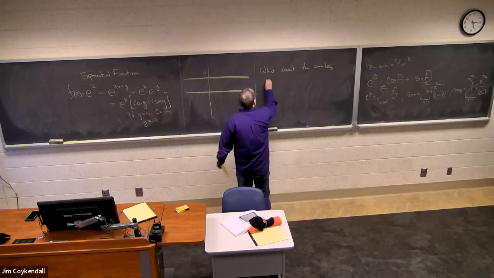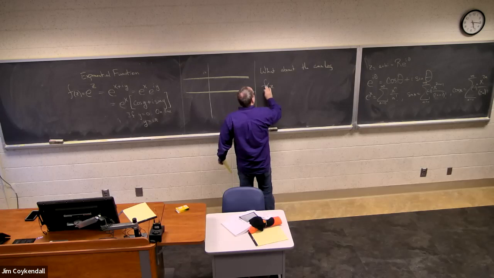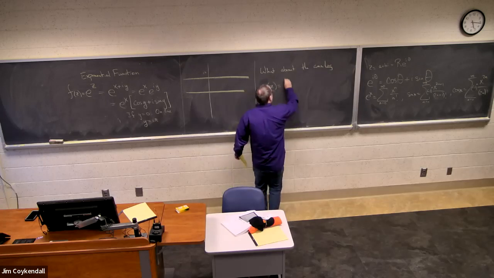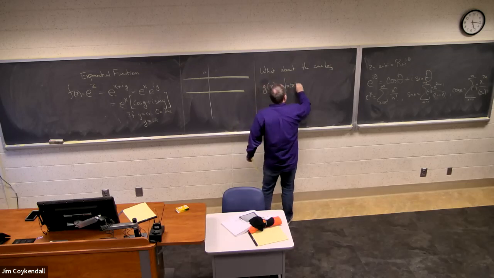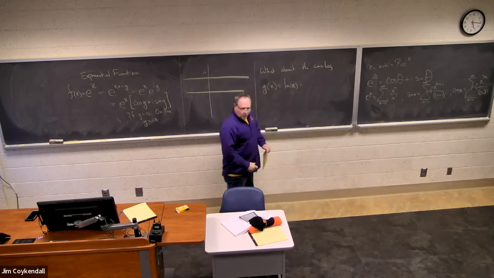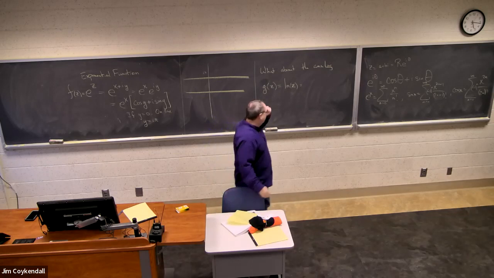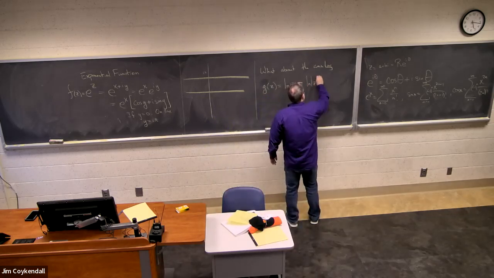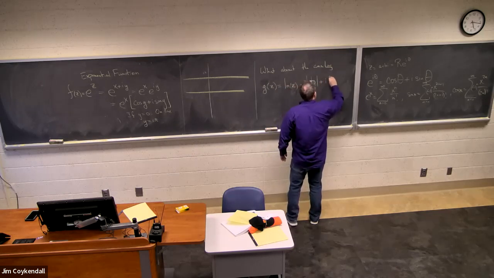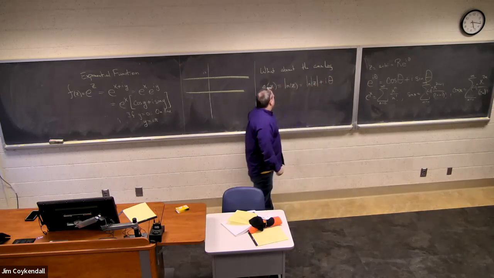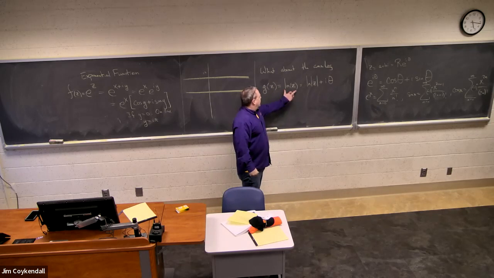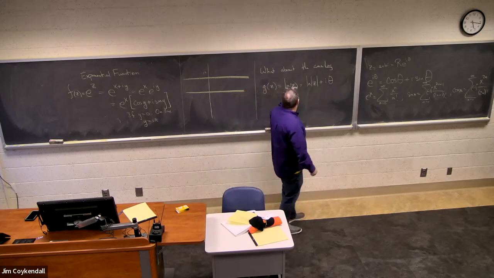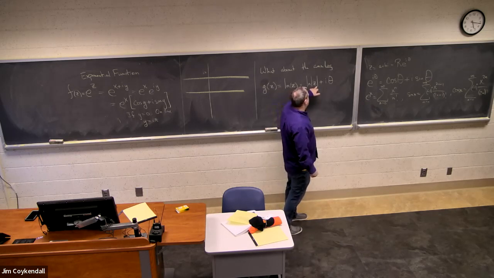As it turns out, let me call it something other than that. The way you want to get this so that it inverts things, and you can check this, is that for this to be the inverse, you want the natural log of z to be the natural log of the magnitude of z.